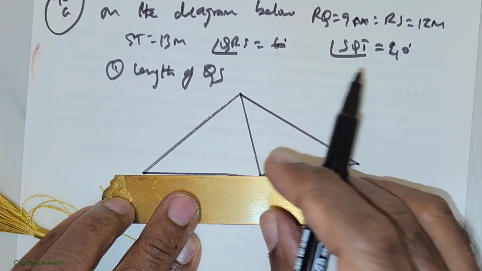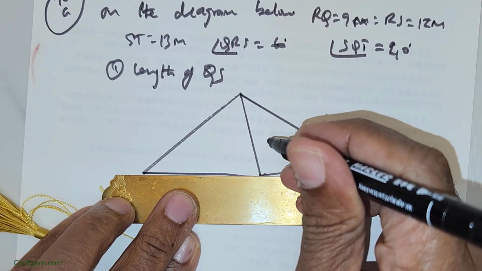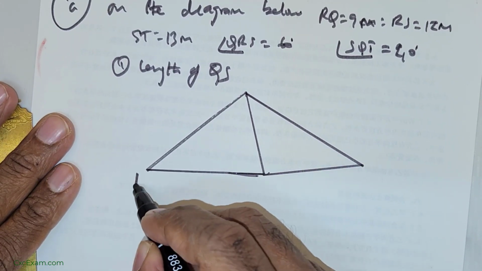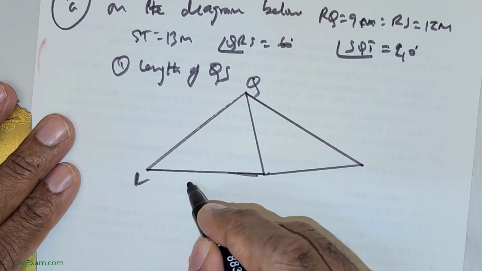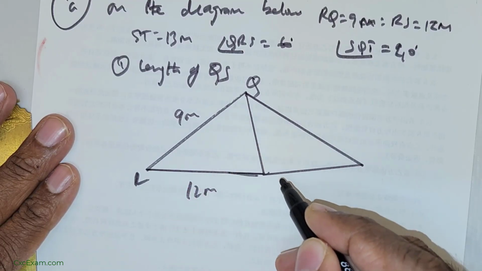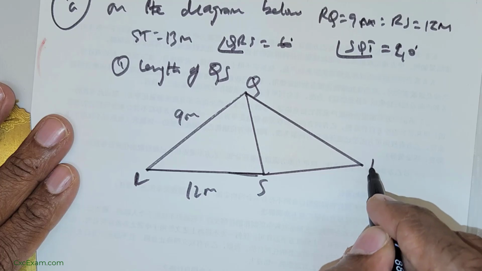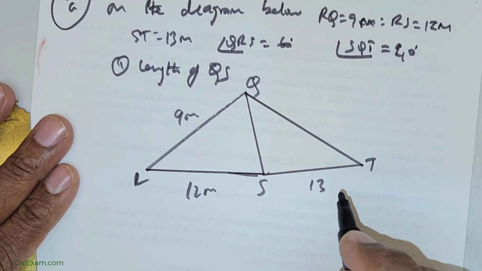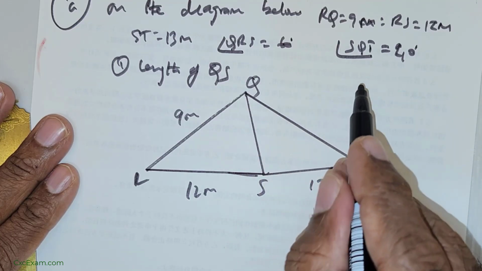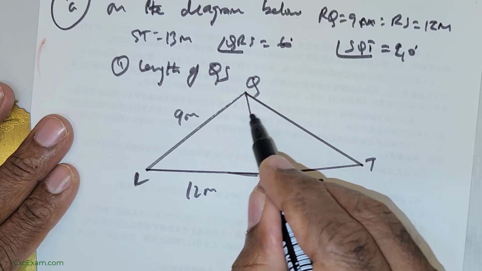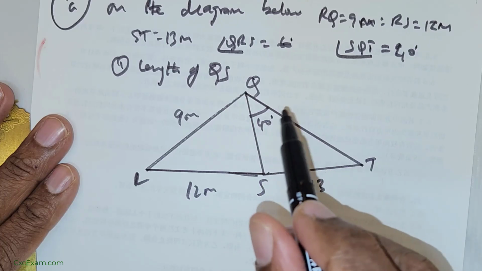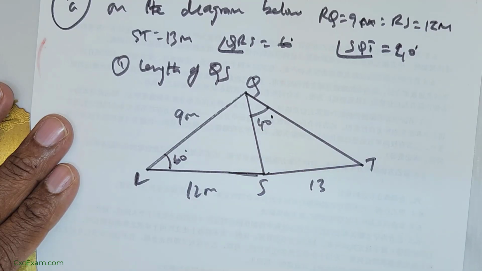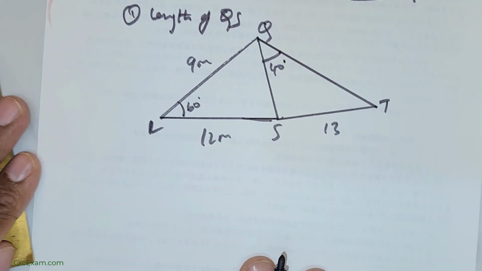This is an approximate diagram. So R, Q, 12 m, 9 m, S, T, and ST is 13. SQT is 40 degrees. QRS is 60 degrees. Now we are asked to find the QS.